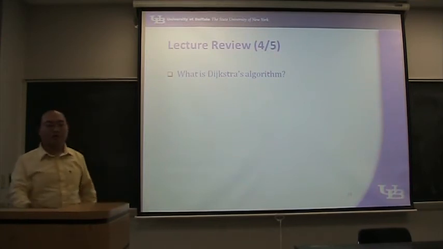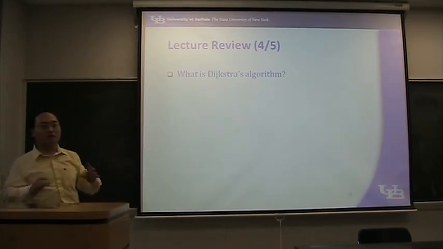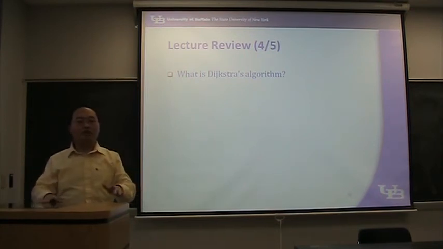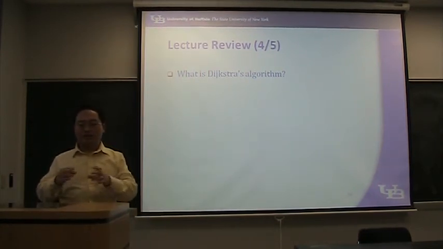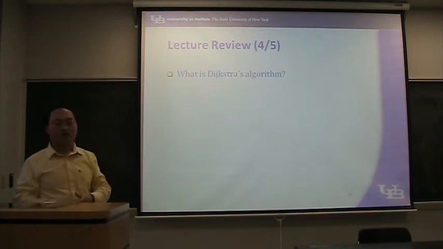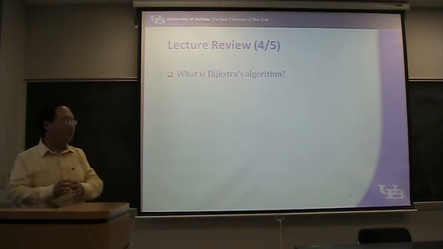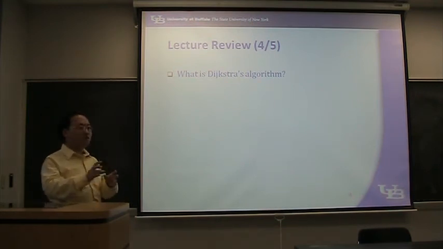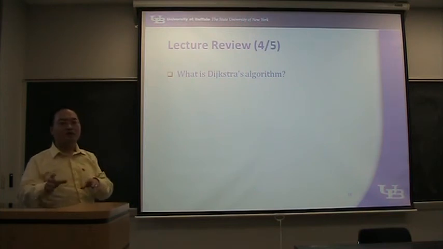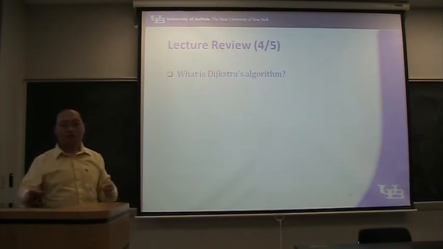Now, what's Dijkstra's algorithm? This was already done in your homework. All of you did very well. I want to mention, every time you select the next shortest path, you are not selecting based on the distance from the node to the current tree, but the distance from the node to the starting node.